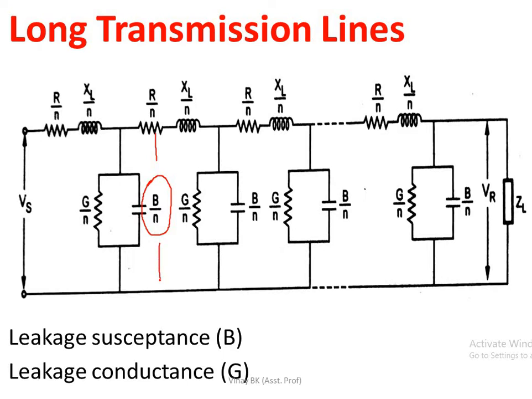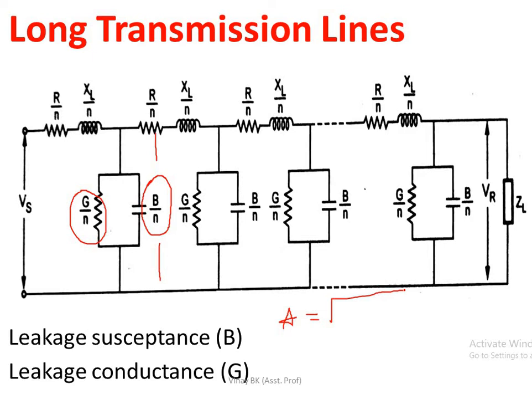Similarly, the leakage conductance takes into account the energy losses occurring through leakage over the insulators or due to corona effect between the conductors. So the admittance is denoted by Y, and is given by the square root of G square plus B square.